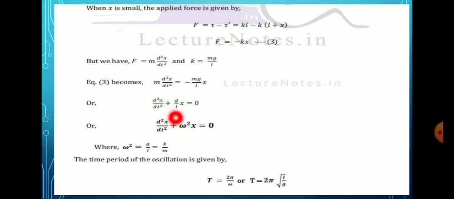Comparing with d square x by dt square plus omega square x is equal to 0, omega square is k by m, which is equal to g by l. The time period of the oscillation is T is equal to 2 pi by omega, or T is equal to 2 pi square root of l by g.